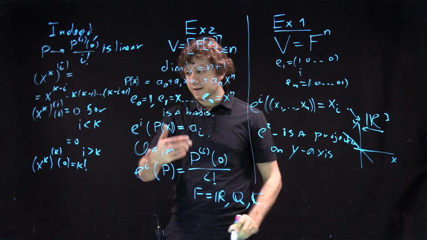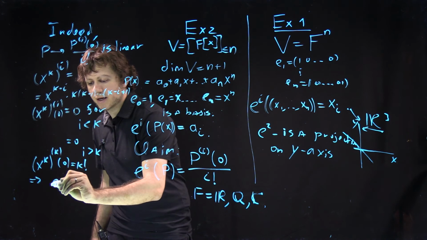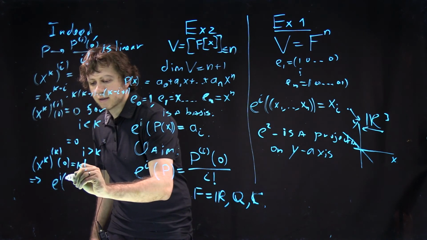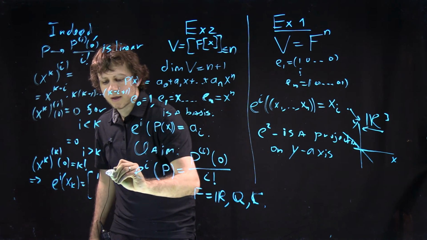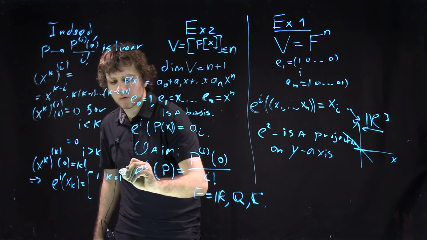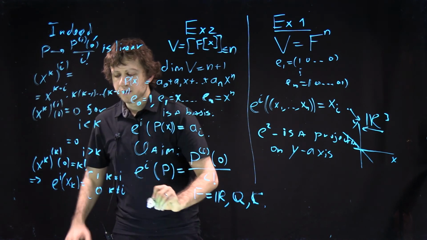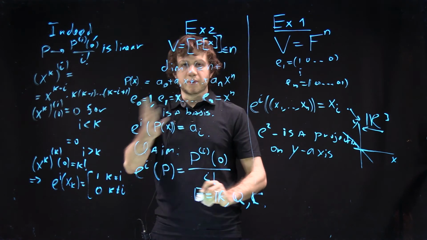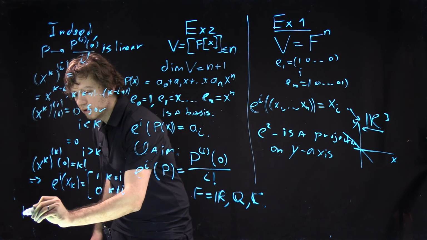So what it means is that ei of x to the k is equal to 1 if k is equal to i, and 0 if k is not equal to i. So this is a dual basis. And then you can take any polynomial.